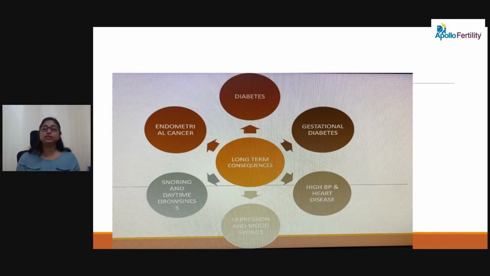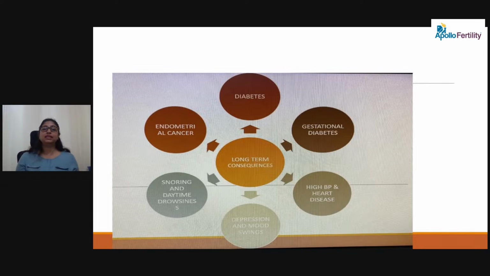We all know insulin is the hormone responsible for the metabolism of carbohydrates, that is the sugars we take in. The use of that by our body depends on the hormone insulin. Insulin is present, but the receptors are not able to respond to it. That is called resistance. When that happens, diabetes develops. So most of these women in the long run tend to develop diabetes. That is one of the important long-term effects of PCOS.